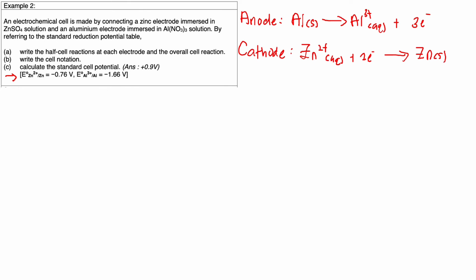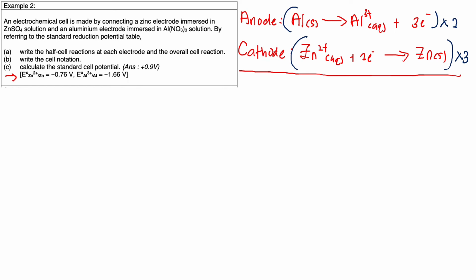Okay, so we're done with A. Oh, sorry, no, we haven't done with A yet. We need to write the overall equation. As you can see, our number of moles of electrons is not the same. Therefore, we need to make them the same by multiplying this with 2, and this part we are going to multiply with 3.